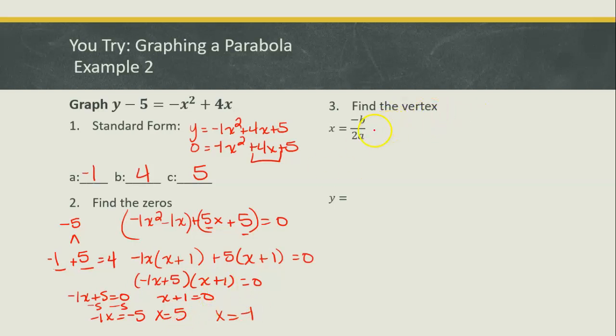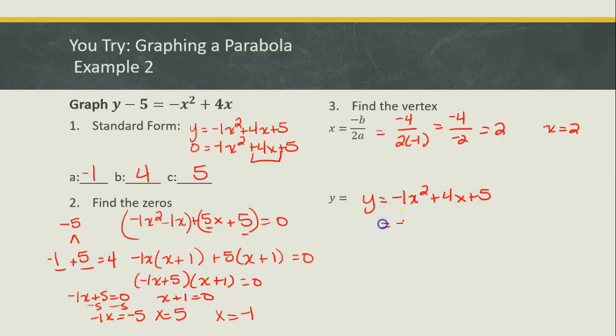Now we're finding our vertex. We put in our negative b, so b is 4, so that becomes negative 4 over 2 times negative 1. Negative 4 divided by negative 2 is positive 2. That's our line of symmetry, x equals 2. And to find our vertex, we substitute into the standard form, so y equals negative 1x squared plus 4x plus 5.